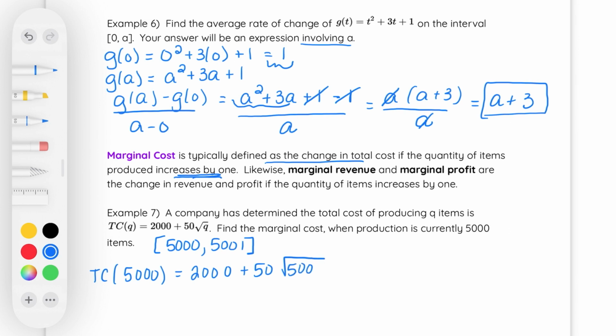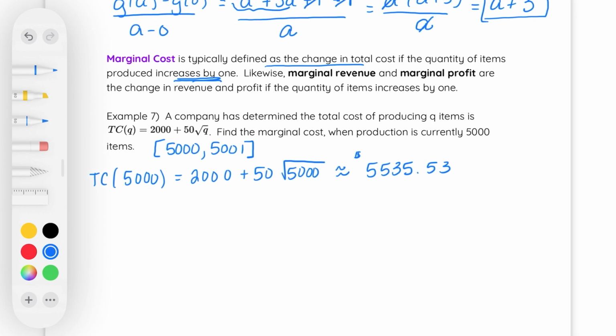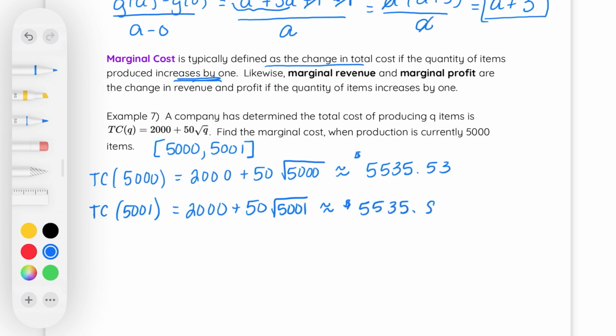Times the square root of 5,000 gives me approximately, and I'll let you check that with your calculator. And now we need to do it also with one additional item. We just get a few pennies more here.